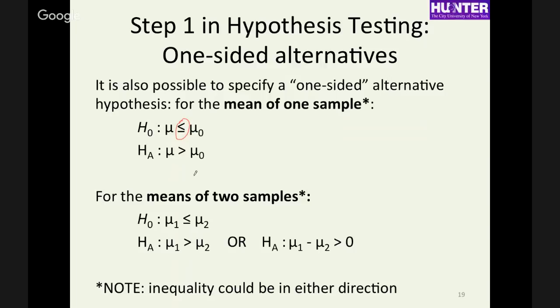But the key points here are that 1, H0 includes the equality, and 2, H0 plus HA include all possibilities.